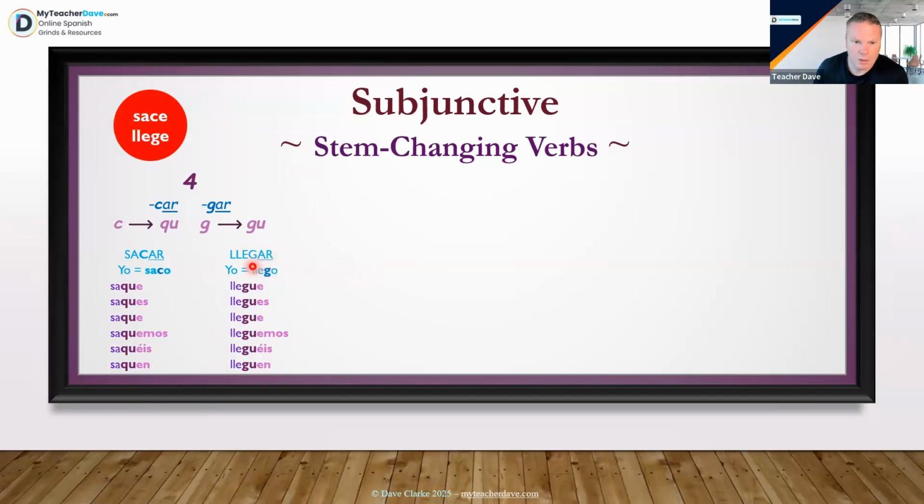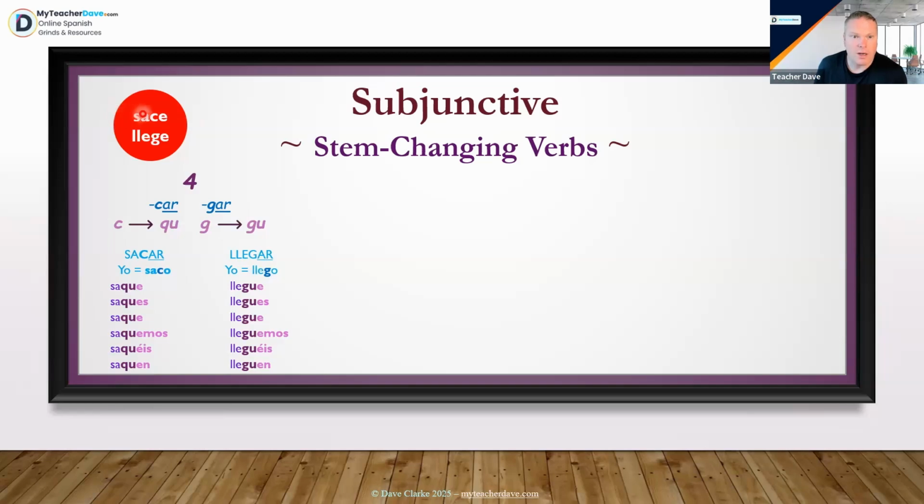Well, we know that the letter C and the letter G in Spanish have two variations: a soft sound and a hard sound. A soft sound is produced when you have an E or an I after the C. So this pronunciation would be sassy.